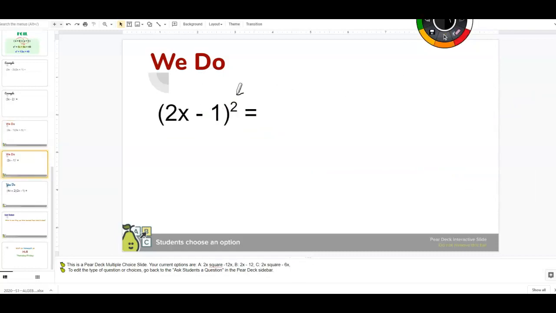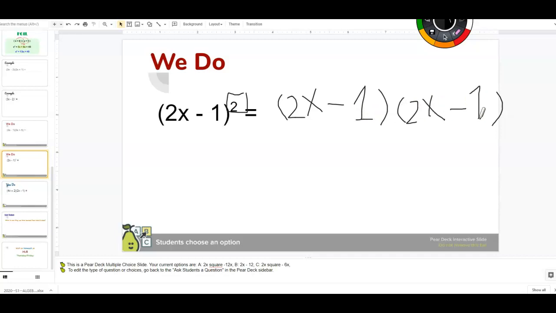So here we see the square. So get rid of the square by doubling the parentheses. And then get rid of the parentheses by multiplication.